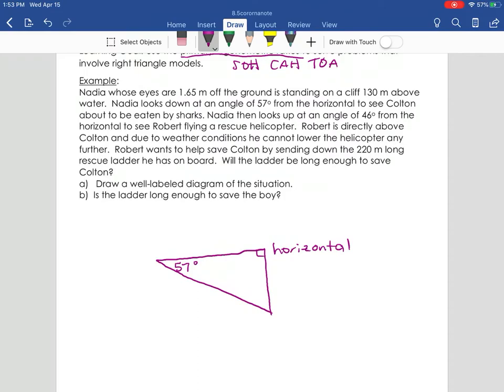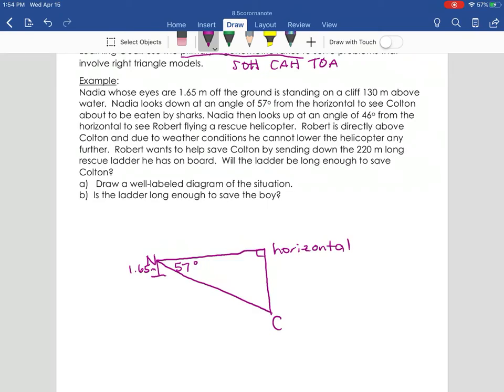Okay, but the trick here is the first sentence. This is where her eyes are, up here, and her height is given as 1.65 meters. Then it talks about where Colton is. Colton is down here getting eaten by sharks.